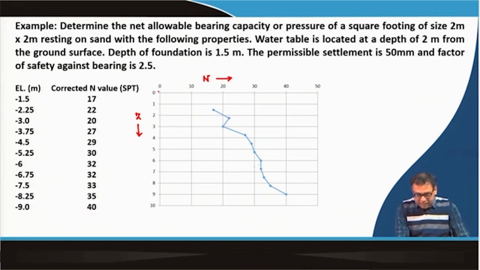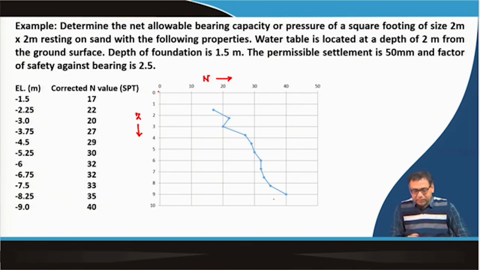This N versus depth plot shows the variation of the SPT value with depth. Now, we have to determine the allowable bearing capacity for this particular footing dimension. And one way also, if we have the allowable bearing capacity, then we can determine the dimension of the foundation.